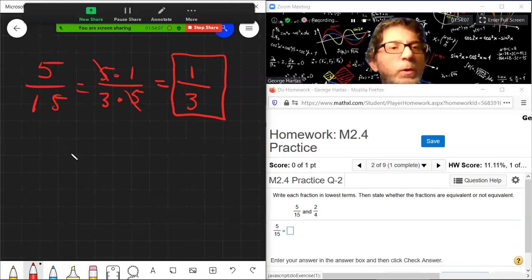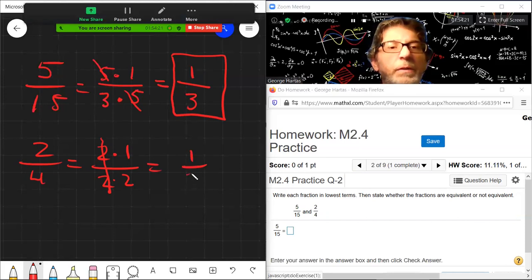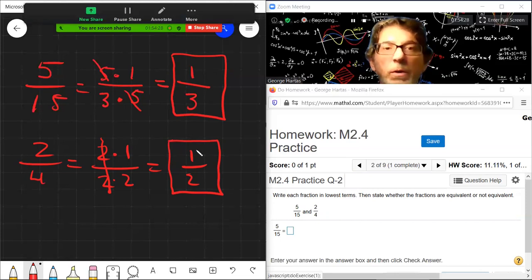Now we got 2/4. Now I think you know the answer to this one, right? 2 times 1, 2 times 2. The 2s cancel. 1/2. So the question is, are these equivalent? No. They're not the same number.